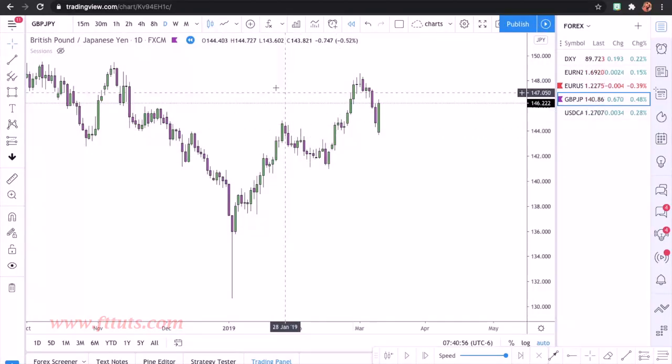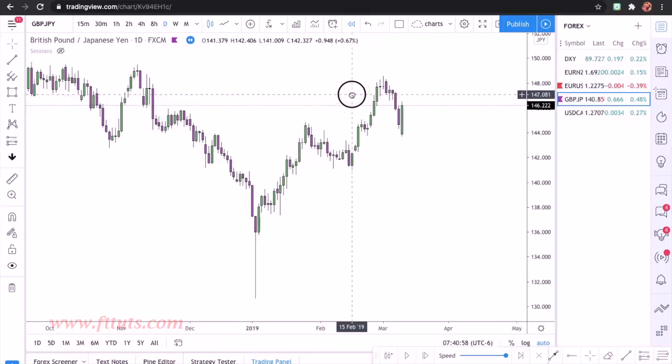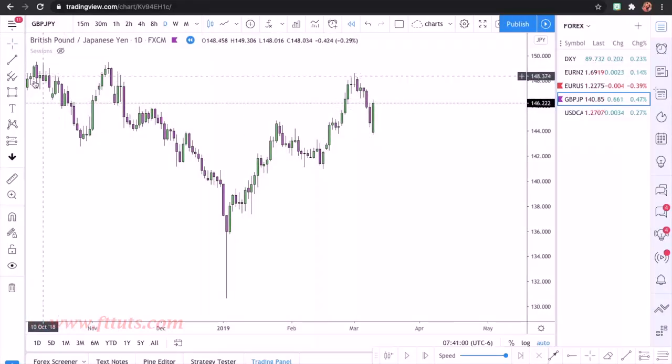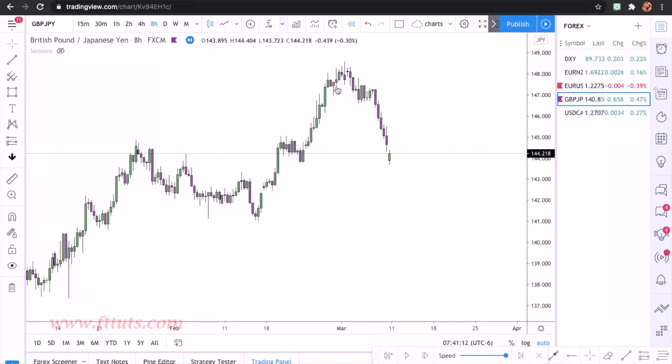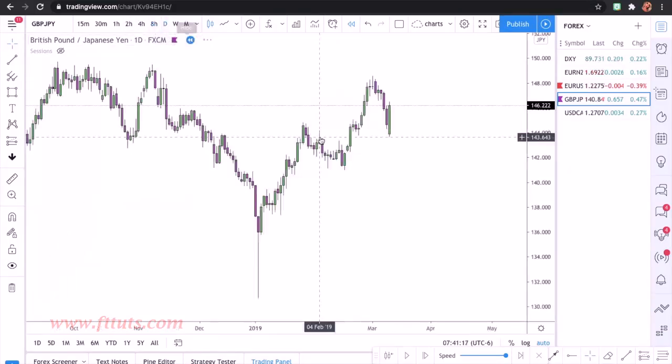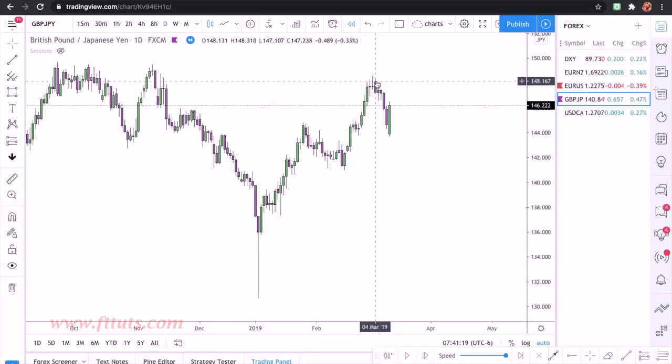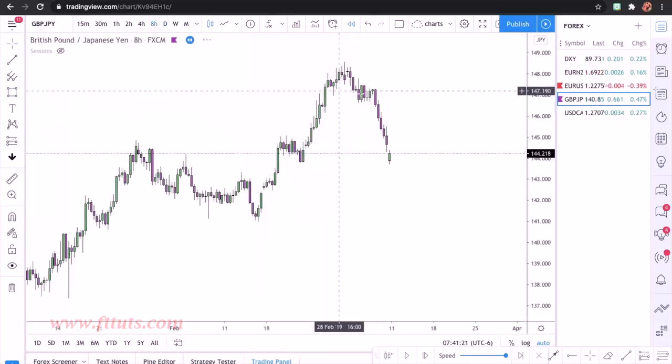So what I would do on the daily is just identify that we have a level of rejection here. Then I go down to either the 8 hour or the 4 hour and highlight that rejection. The time frames are all relative: one candle equals the daily, one candle equals the 8 hour.